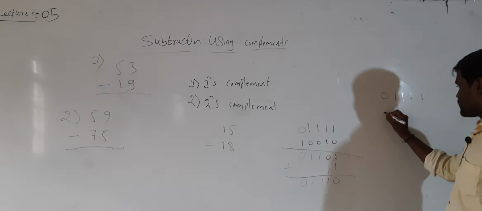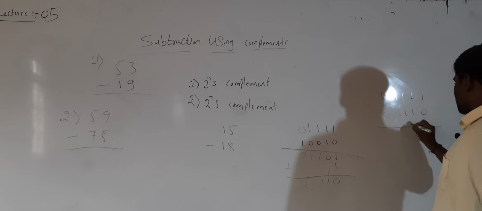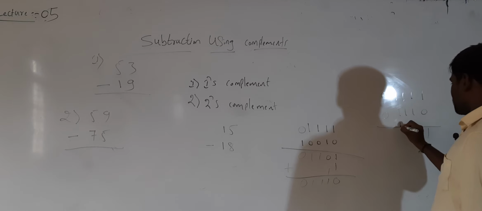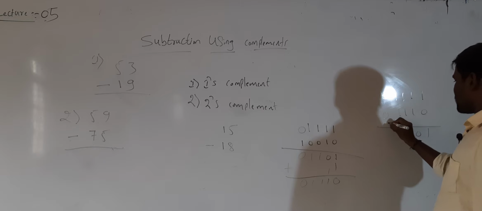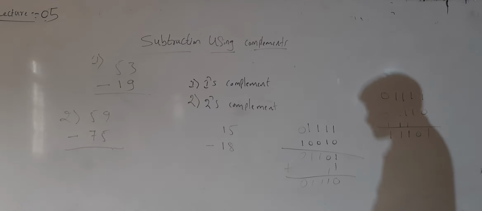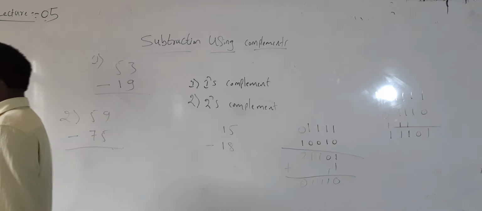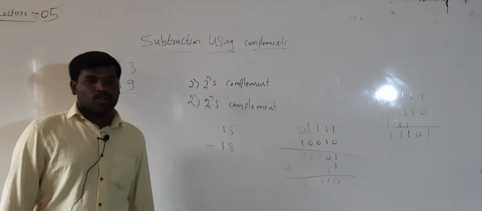Okay, see here 0, 1, 1, 1, 0. Okay, 1, 1, 1, 0, carry 1, 1, 1, 0, carry 1, 0, 1, 1, 1, 1, 0, 0, 1, 1, carry 1. Here it is 1. See here. Finally, if there is no carry, after that again this can be converted into the 2's complement.